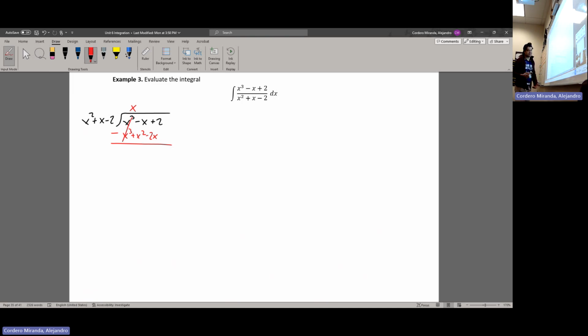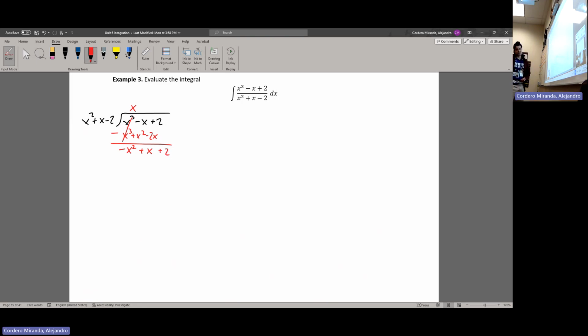That's how you know you did it, right? Nothing x squared, maybe I should have written that here, but 0x squared minus positive x squared would be negative x squared. Negative x minus negative 2x would be plus 2x, so positive x. And then 2 minus nothing, 0, would be 2.